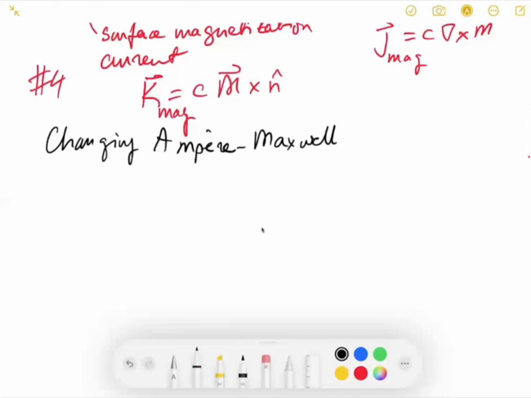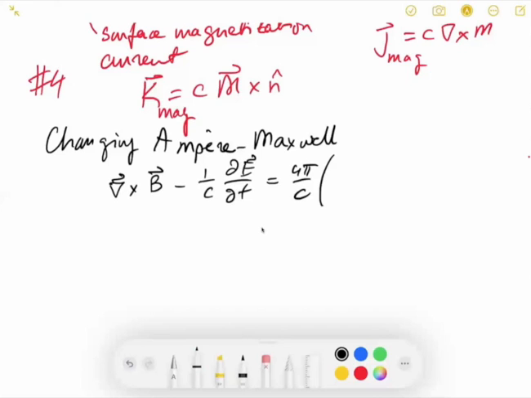So we had already the curl of B minus 1 over c dE/dt equals 4 pi over c.